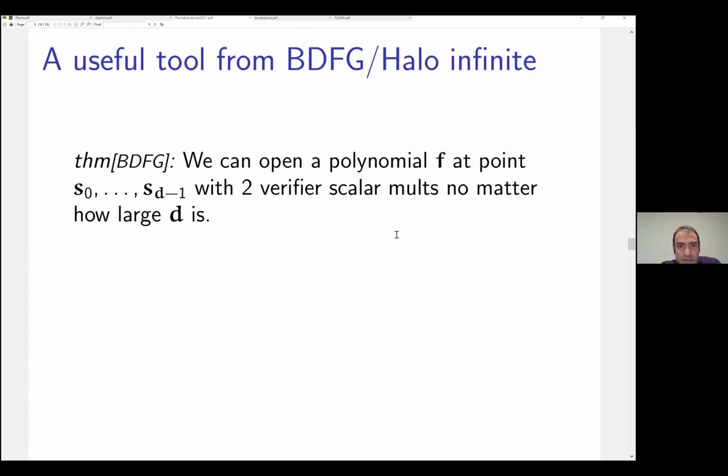It says basically if we want to open a polynomial f at some d points, so one polynomial at many points, the result also works for many polynomials, but for simplicity, let's say one polynomial, we can do it with two verifier scalar multiplications. So when we open one polynomial at many points, the number of verifier scalar multiplications does not grow with the number of points.